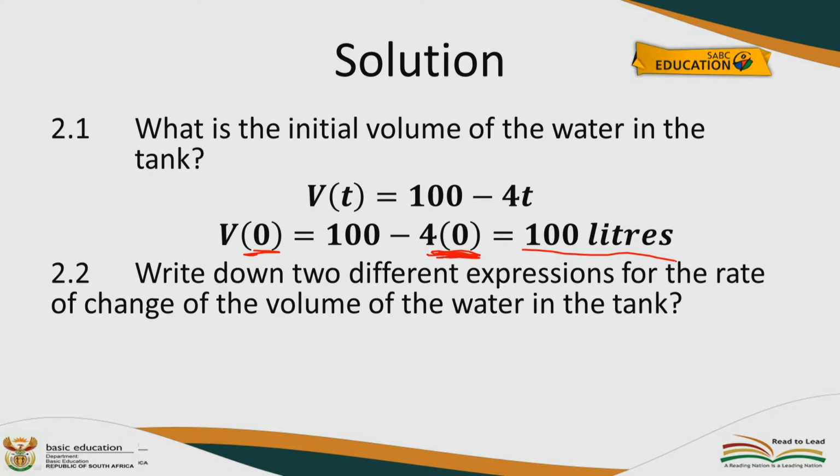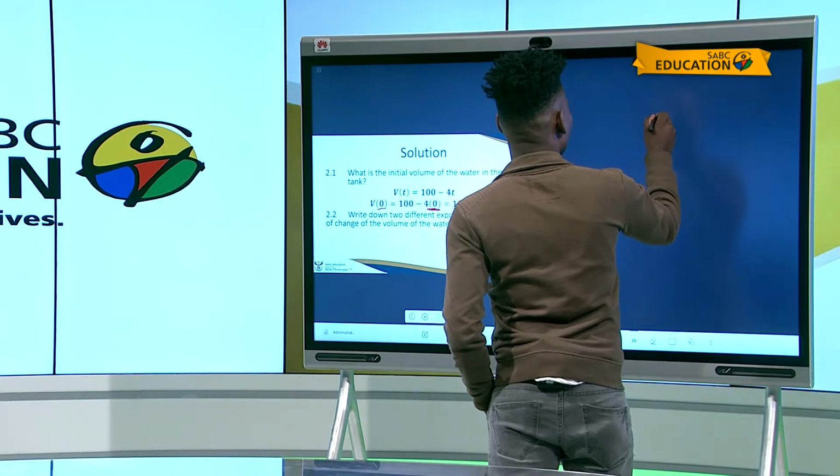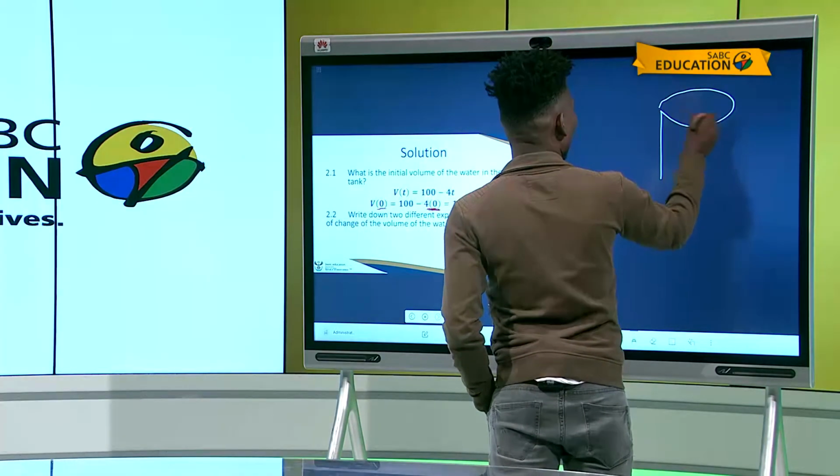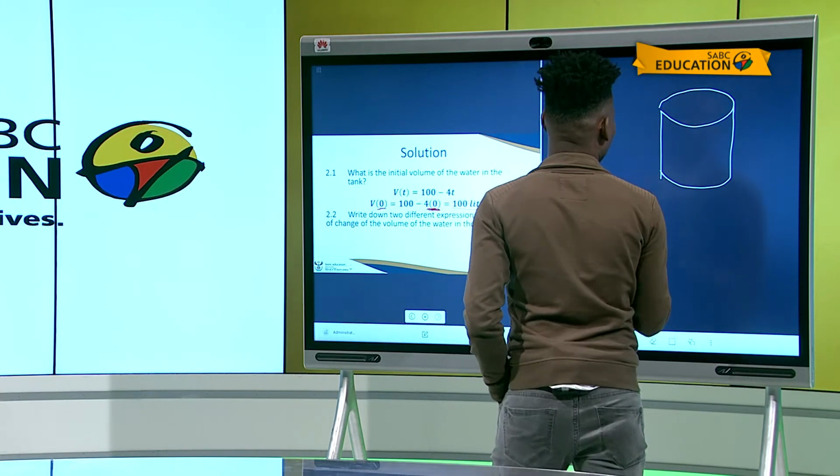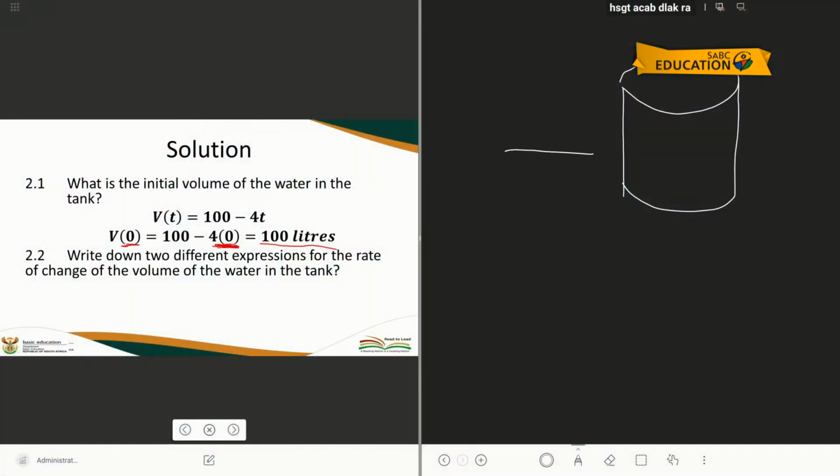All right, so now let's go to the second question. They say, write down the two different expressions for the rate of change of the volume of water that is in the tank. Now, to deal with this question, I want us to look at what is going on. So let's say we have a tank like that. There is water that is coming in, and at the same time, there is water that is leaving.